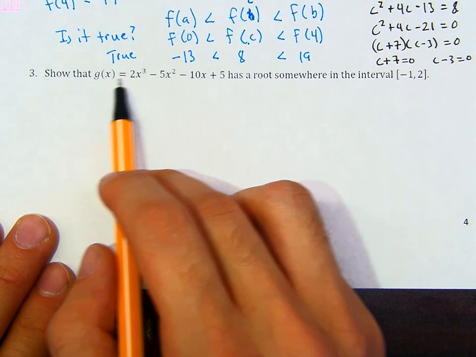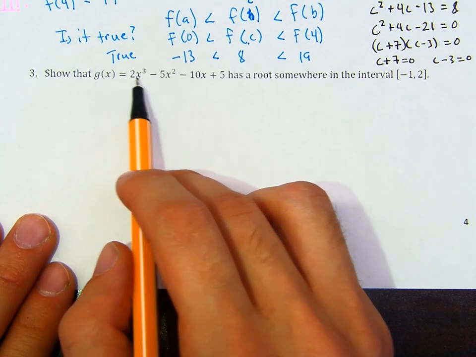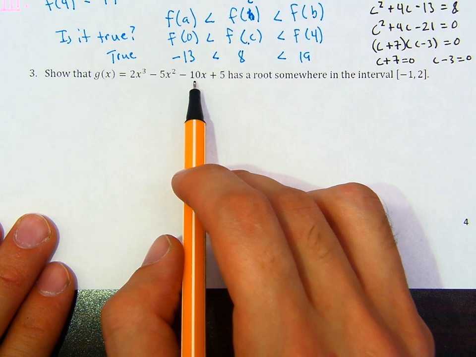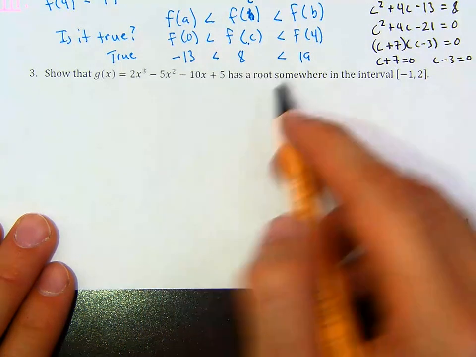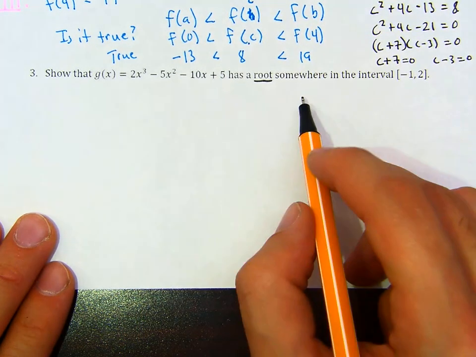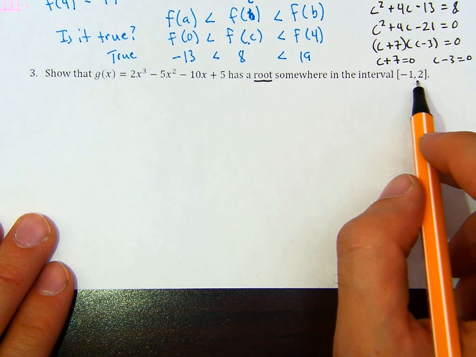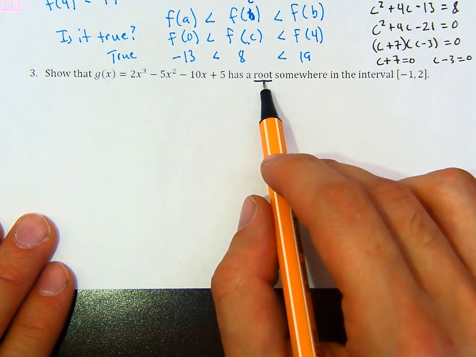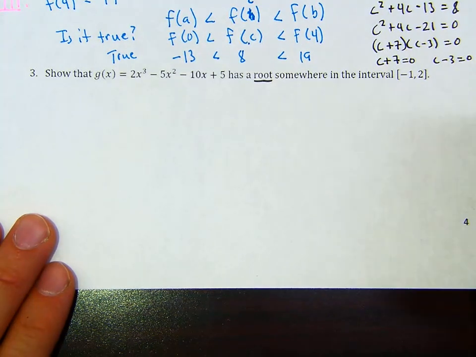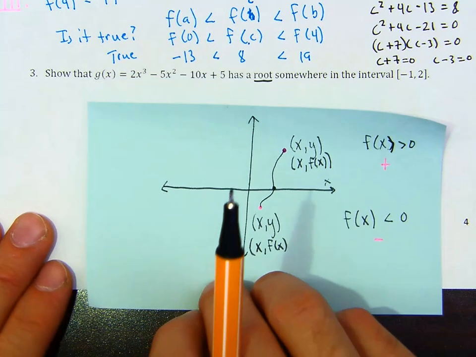Show that g of x is equal to 2x cubed minus 5x squared minus 10x plus 5 has a root somewhere within the interval of negative 1 and 2. The second you see the word root, you have to think back to this little picture, right?